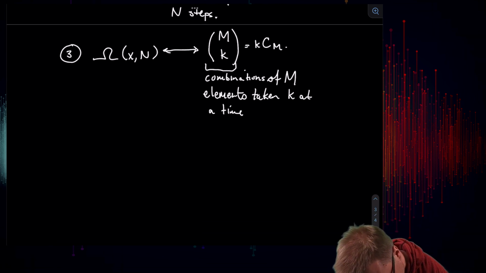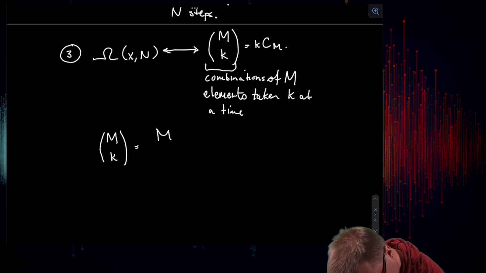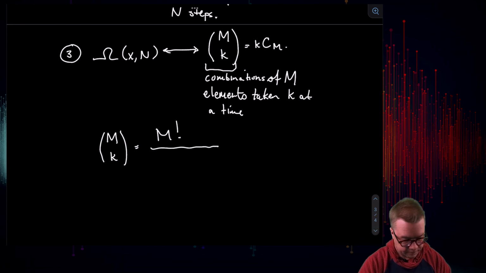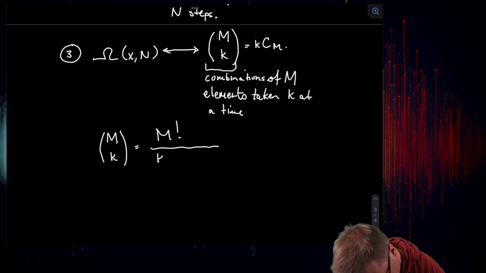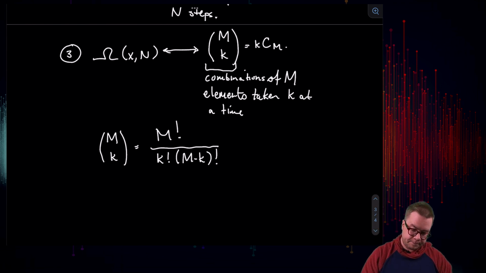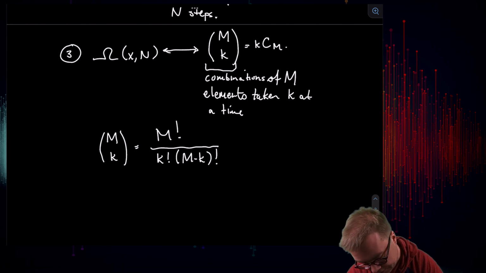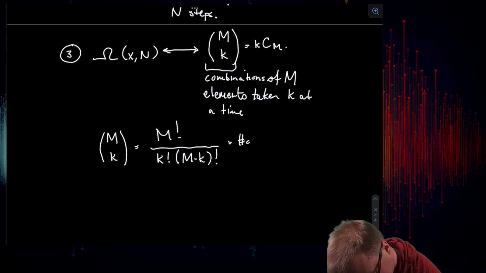Okay, so the definition of that, if we were to look in our algebra textbook, would be m factorial divided by k factorial times m minus k factorial. Okay, so again, this is the number of combinations.